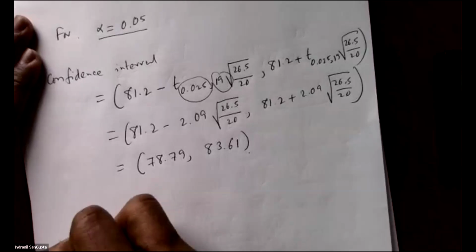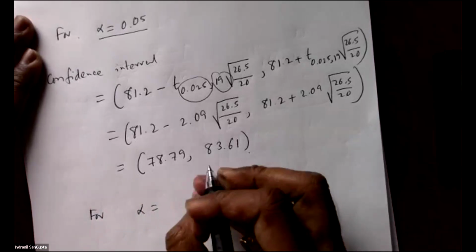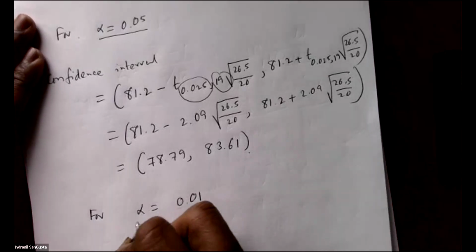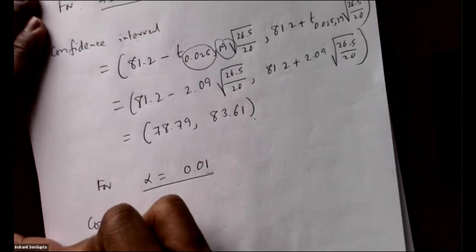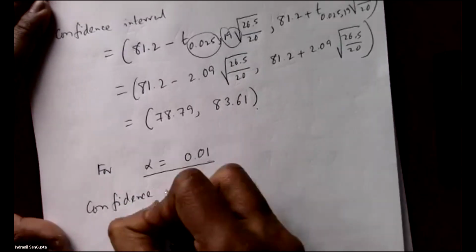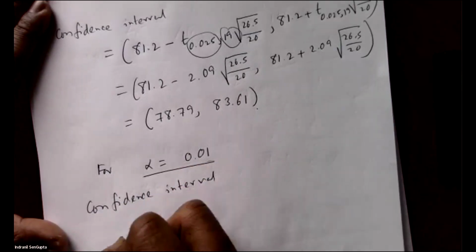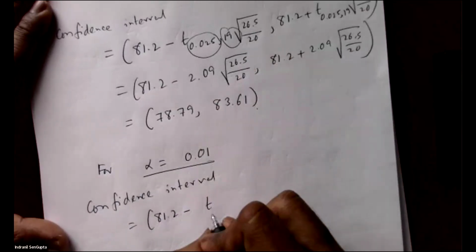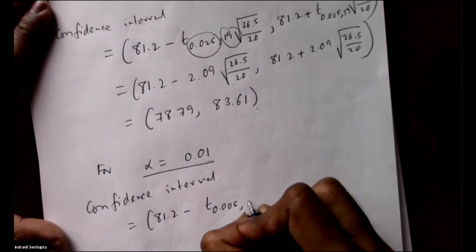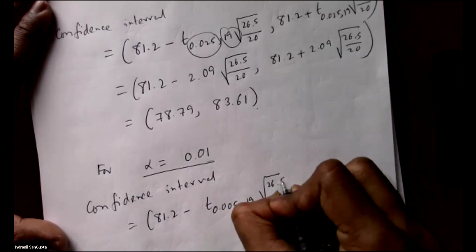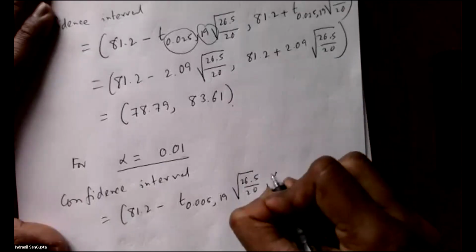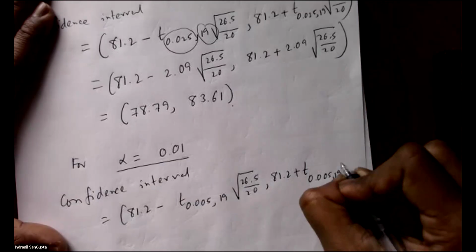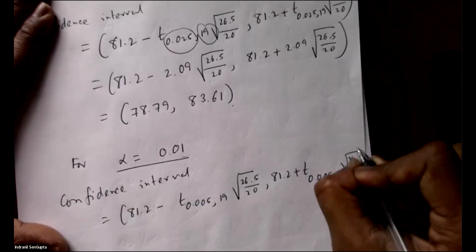And for the final case, alpha equals 0.01, third case, the confidence interval is equal to 81.2 minus t of, I have to write alpha over 2 here, so it's 0.005, 19, 26.5 over 20, through 81.2 plus t of 0.005, 19, 26.5 over 20.